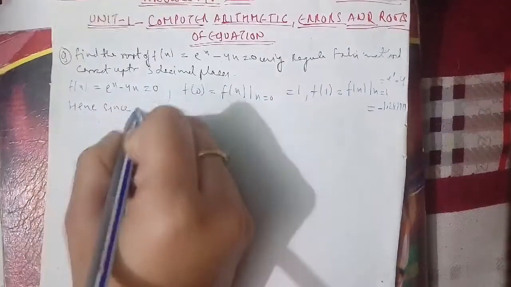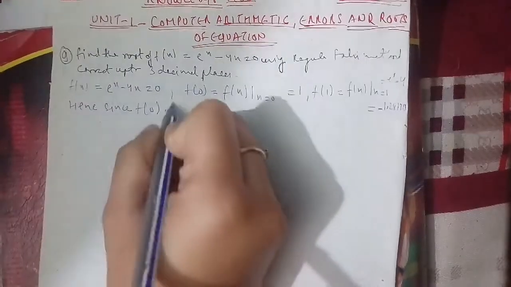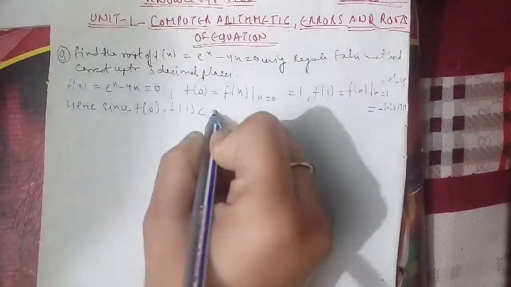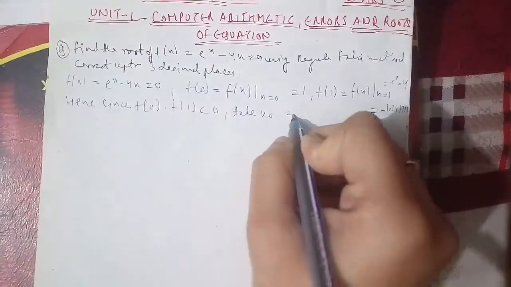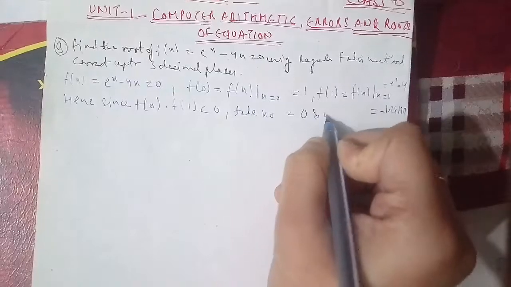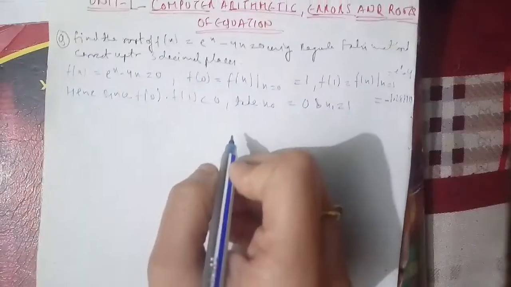Since f(0) f(1) is less than 0, take x0 = 0 and x1 = 1.